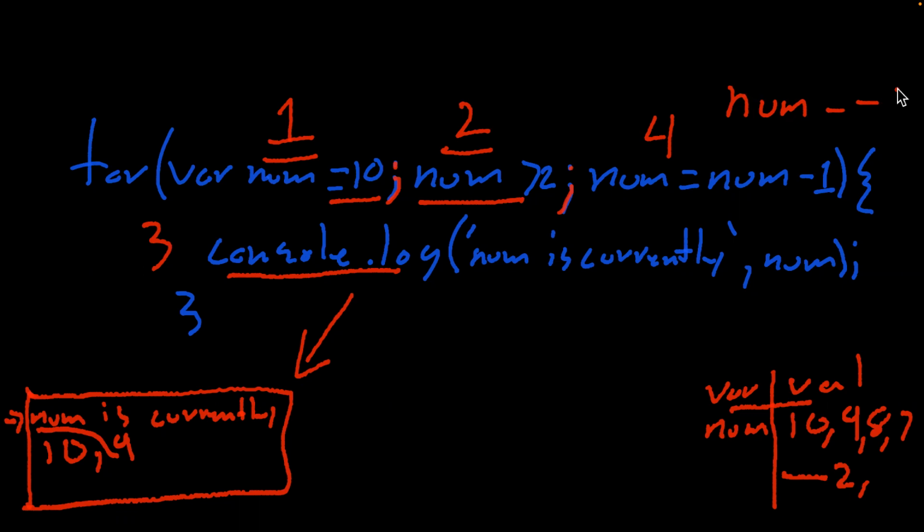We'd go from 10 to 11 to 12, and we essentially never exit this for loop because this condition would never be met. If we increase num instead of decrease num, num would never be equal to or less than 2. So in that case, you create an infinite loop.